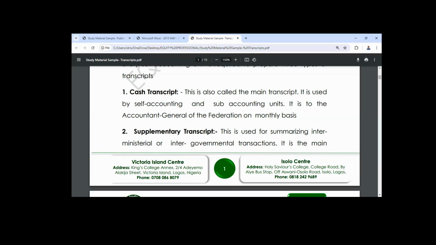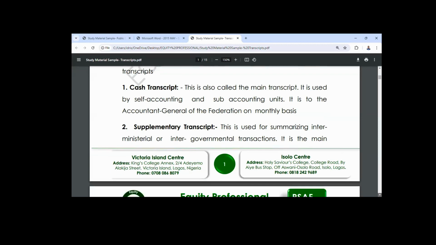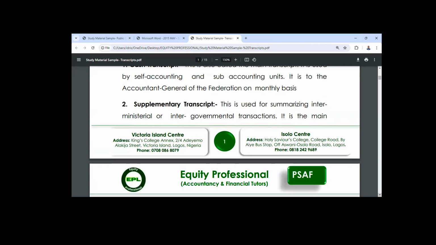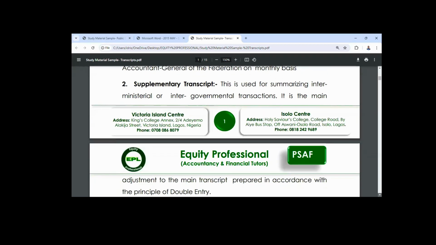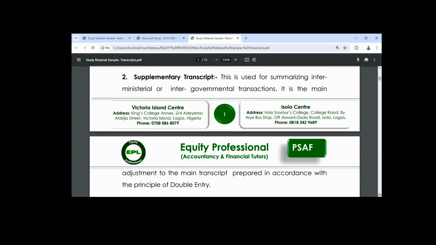Number two type of transcript, supplementary transcript. Supplementary transcript is used to correct error of double entry in the main transcript. Main transcript is the cash transcript.